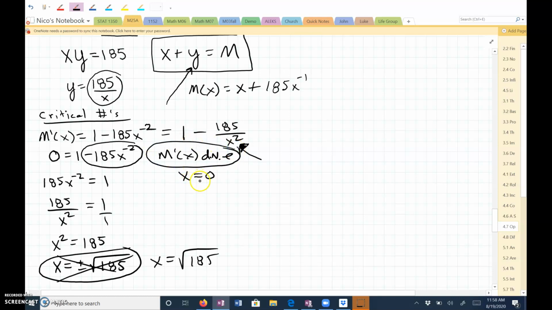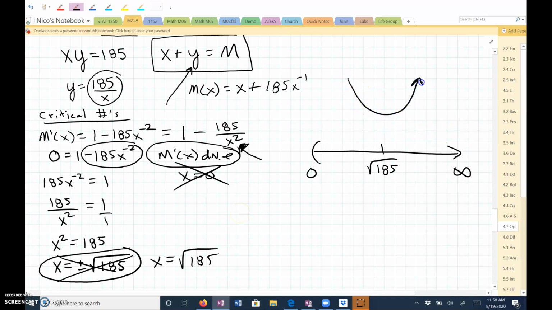Again, this is a possibility, except that the values have to be positive, so we're going to throw that one out as well. So now we just need to figure out, from 0 to infinity, we've got the square root of 185. We need to use calculus to show that that is a minimum.